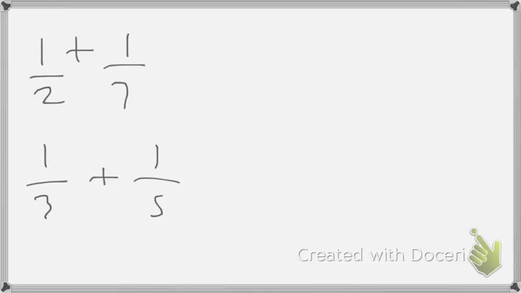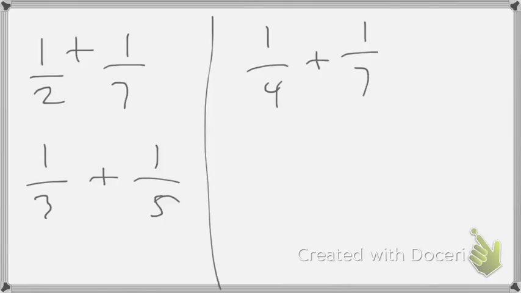These are your problems for your homework, because you can repeat what I just showed you. 1 plus, we'll say 7. Another one, 1/3 plus 1/5, maybe. Another one, 1/4 plus 1/7. This one here is going to be a little difficult for you, isn't it? Well, let's try to see if you can do it.